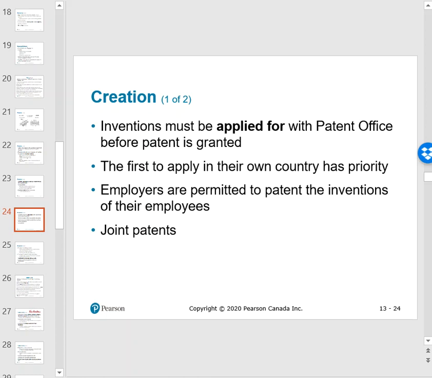Okay? And a patent, well, all types of intellectual property, copyright, patent, trademark, etc., are only protected in the country in which protection comes from originally. So, as in the Amazon case, they applied for one-click purchase in the US and they got the patent. And then they also wanted protection in Canada, so they had to apply here in Canada.